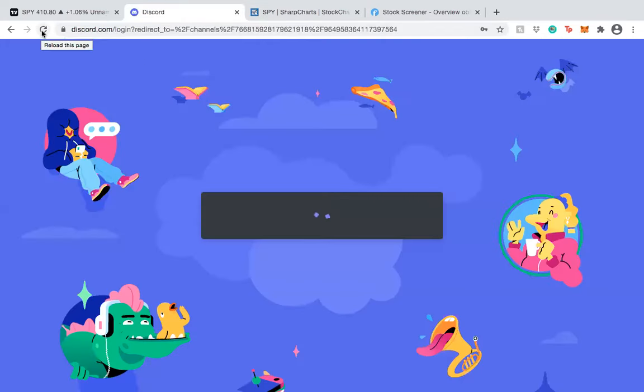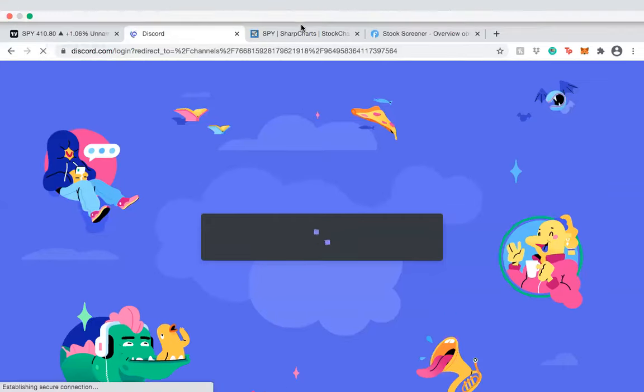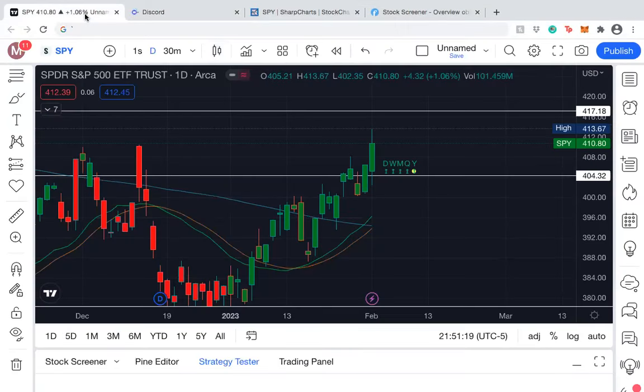I got to log back in. This is delayed actually. I don't know if that's going to load yet. It's slow to load, but you can go into the Discord, go into whatever channel it is, small accounts, and click on the pinned messages at the top of the screen towards the right-hand corner, and you can see the pinned message that has all of the small account tickers that are there.